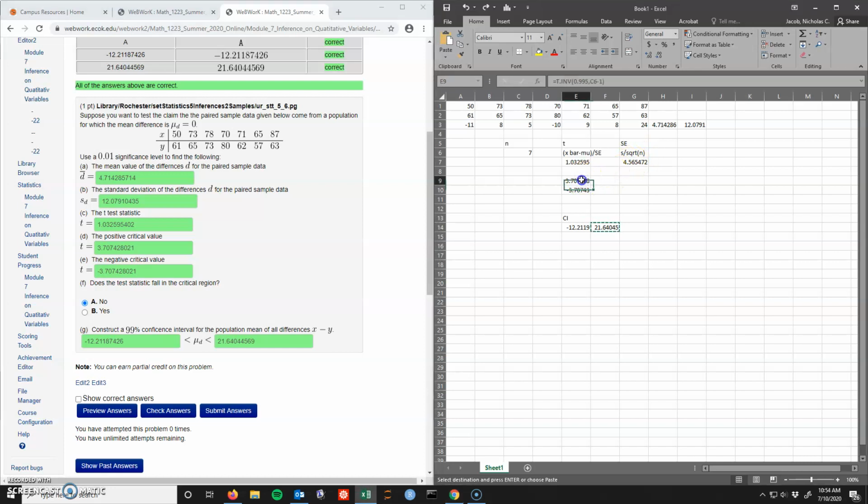The t-statistic still requires t.inverse, or if you want to do the probability, it'd be t.dist. And you got to remember to include the degrees of freedom, which is the sample size minus 1. So really the only new thing here is we're calling it t, and you got to remember to do the sample size minus 1. Otherwise, these are very similar to all the ones with the normal, just a little trickier.